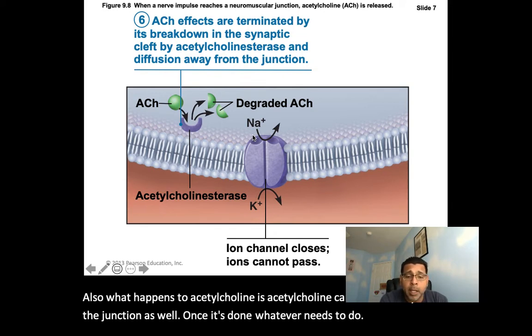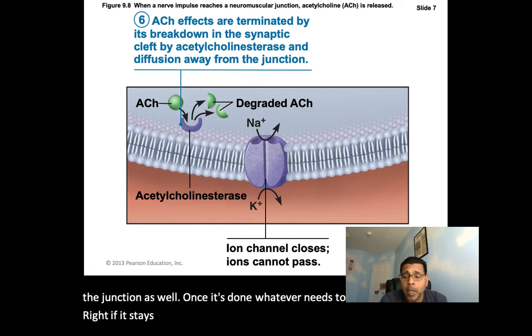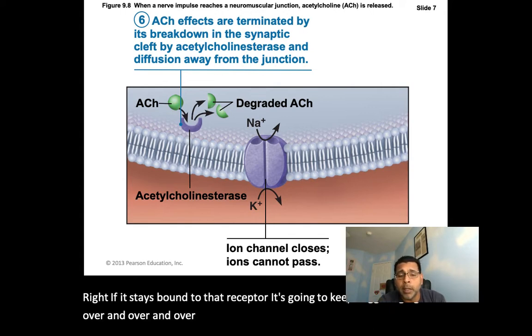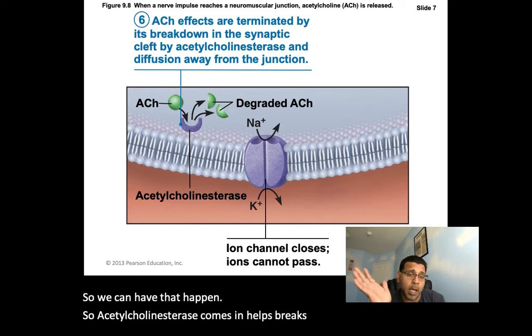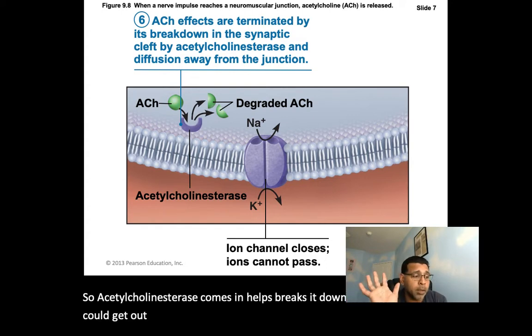Right? If it stays bound to that receptor, it's going to keep triggering signals over and over again. So we can't have that happen. So acetylcholinesterase comes in, helps break it down. Once it's done, all right, cool, get out of the way, get done, picture's over, finish, and let's move on.